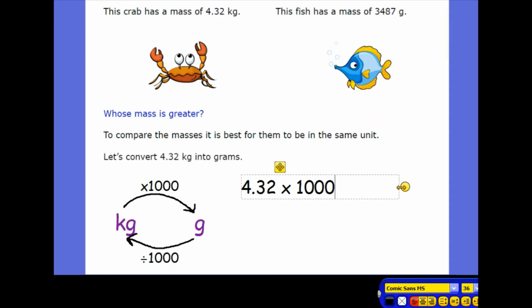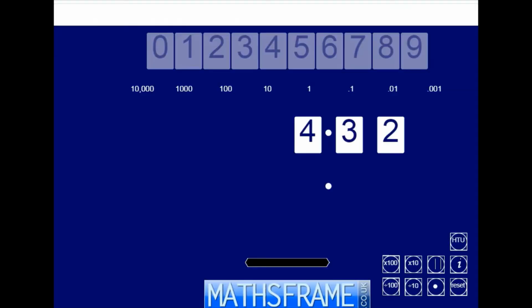So that means it's going to move 3 places along the grid. Now I'm going to go onto the Moving Digits website to work this one out. Remember, you can use it too when you're doing your homework. So 4.32, and we're going to times it by 1,000.